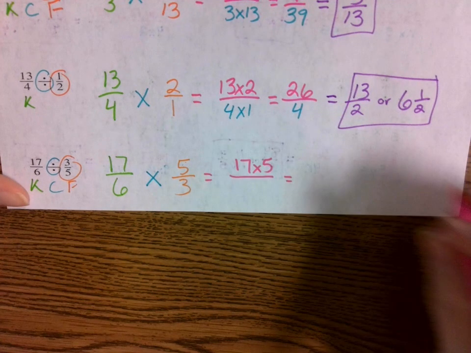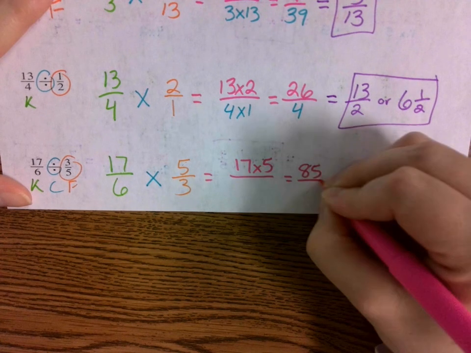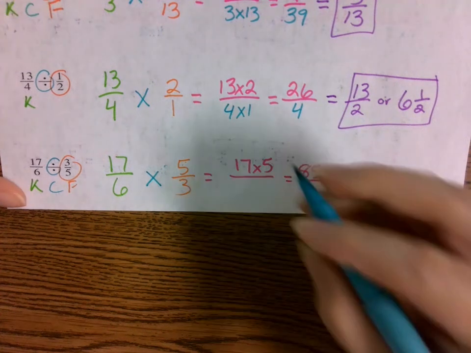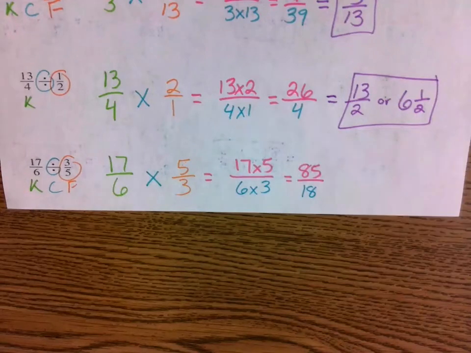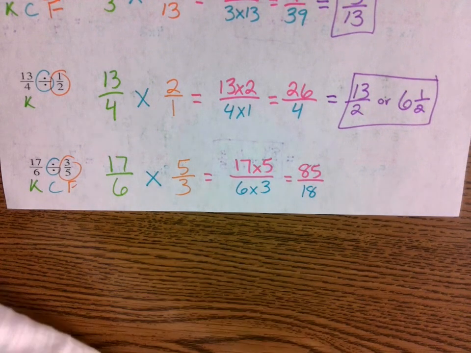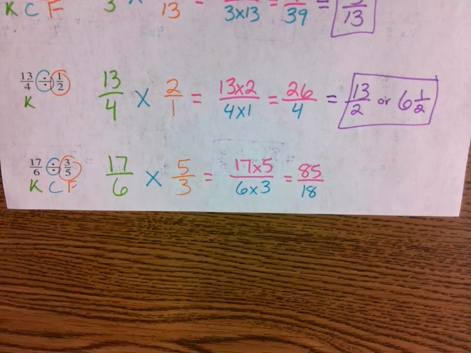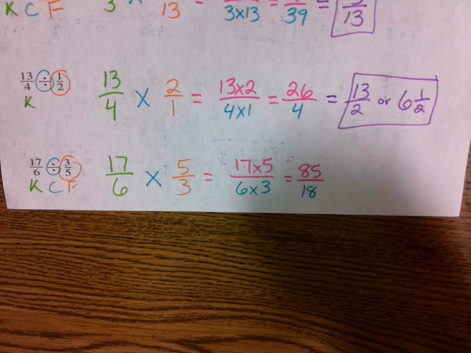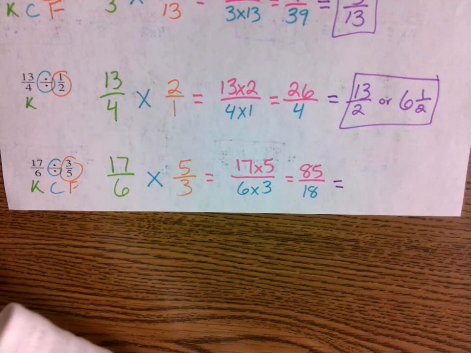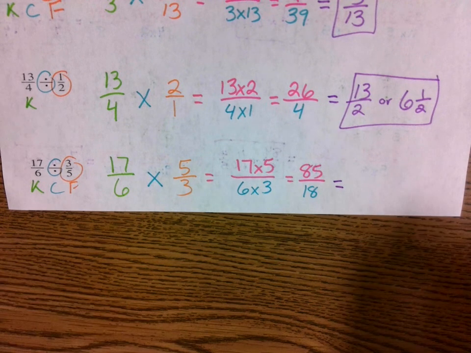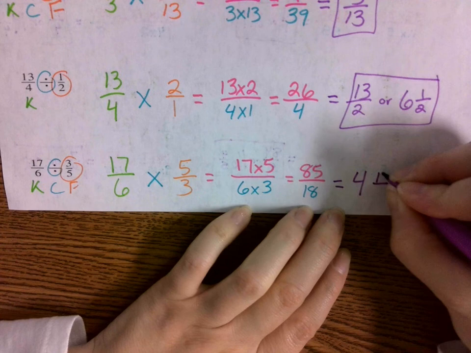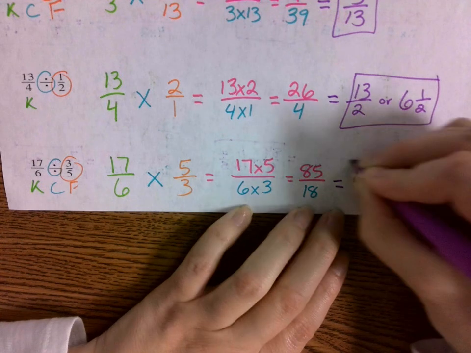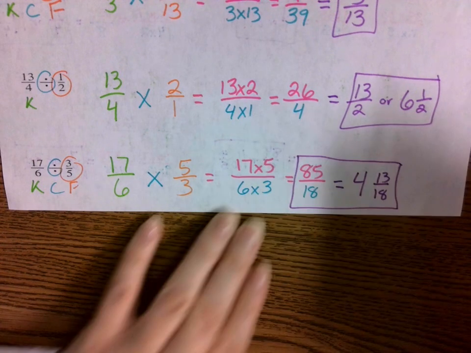Then we multiply the denominators, 3 and 6, which comes out to 18. 85 over 18 is as simplified as it's going to get, but it can convert into a mixed number of 4 and 13/18. Either one of these would be an acceptable answer.